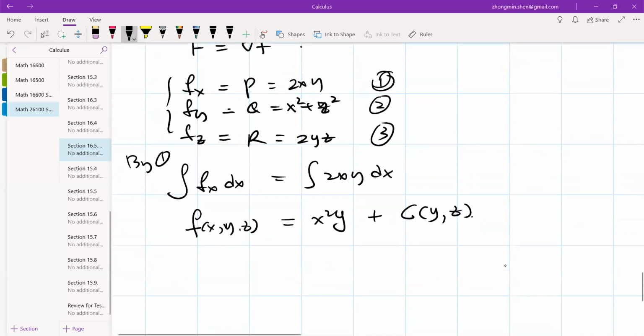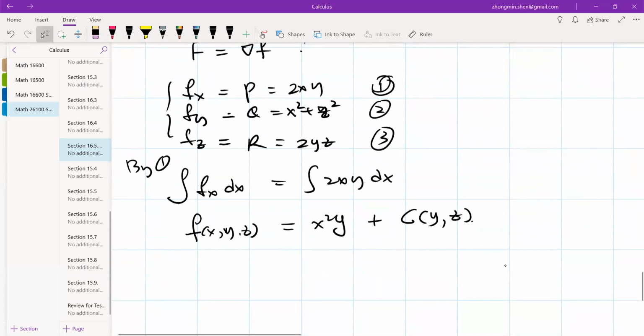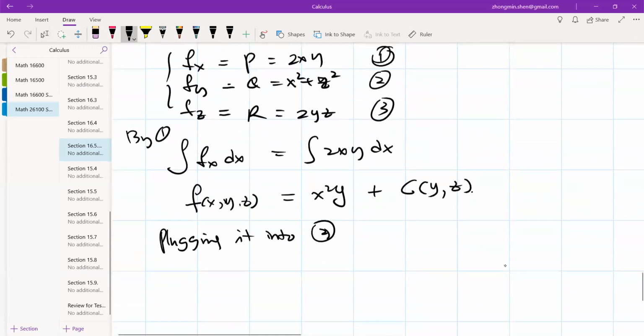Then I plug it into the second equation. The partial derivative of f with respect to y is x squared plus c sub y, which has to equal x squared plus z squared.